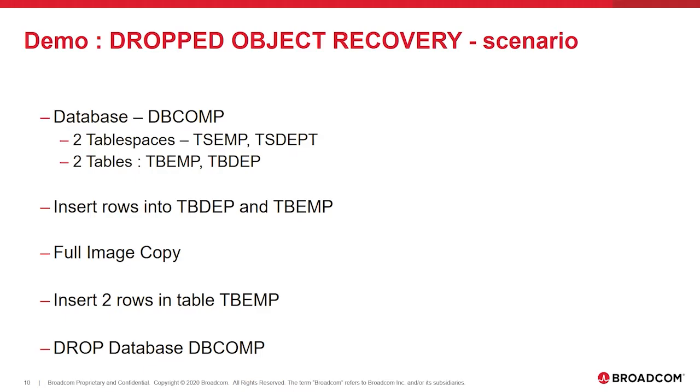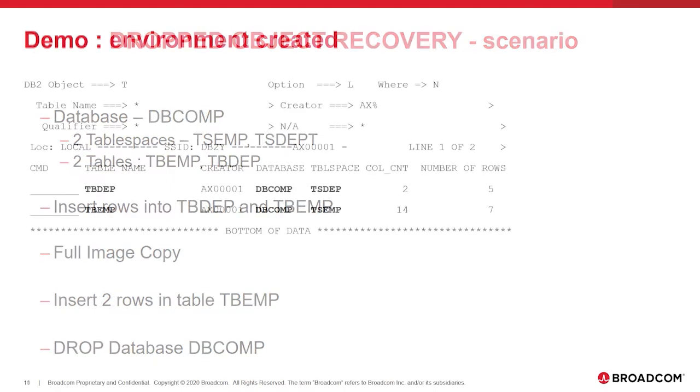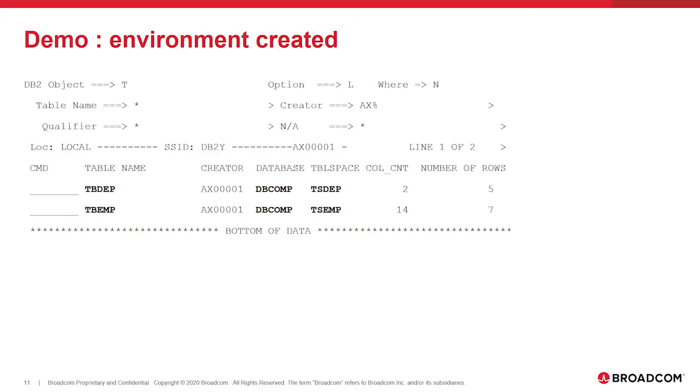I inserted rows into the 2 tables. I made a full image copy. After that, I inserted 2 rows in table TBHUMP, and I dropped the database DBCOMP. Now the environment is created.